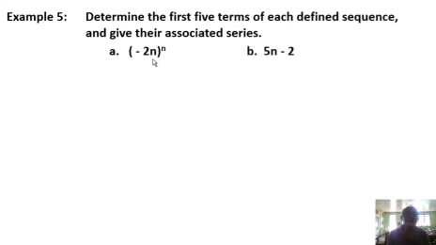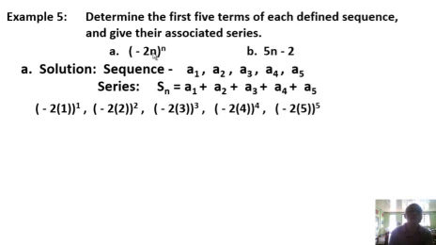A sub 1 is substitute n with 1. So negative 2 times 1 raised to the first power. A sub 2 is substitute n with 2. This is negative 2 times 2 raised to the 2. A sub 3 is substitute n with 3. Up to 5.